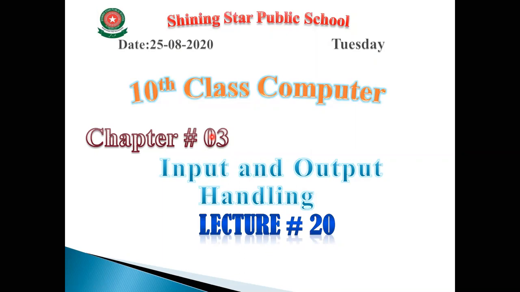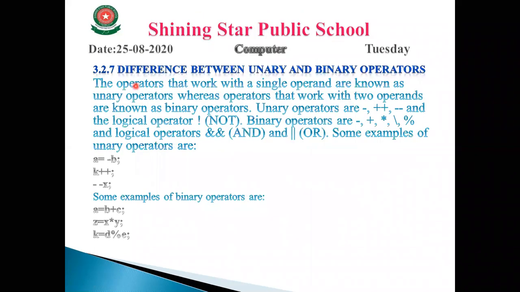Today we start with the difference between unary and binary operators. What do we mean by the difference between these operators? First of all, we have to understand what a binary operator is and what a unary operator is.